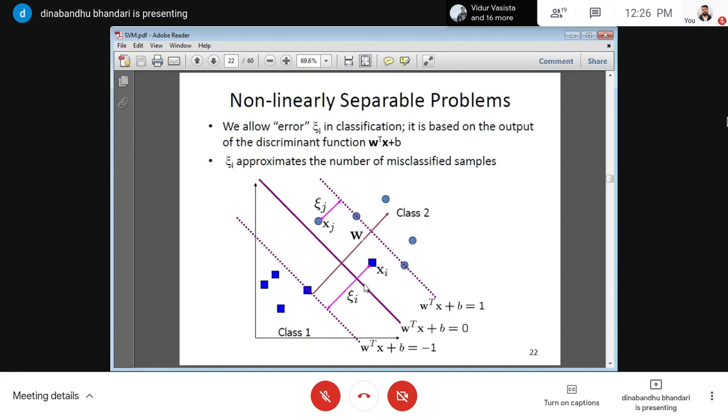Instead, if we allow some misclassification, only one misclassification here, and this one also allowed, then I can draw the boundary here. There are a couple of misclassifications, but that is giving us very good flexibility, having the higher margin.